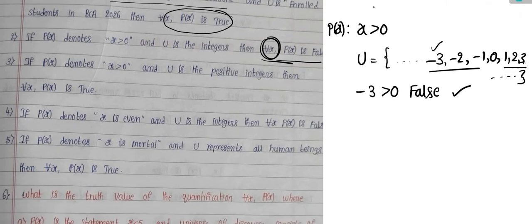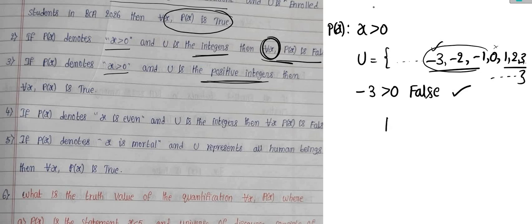Third example, observe the same thing, x greater than 0. But here we are taking positive integers. So these will go. And also 0 does not come under positive integers or negative integers. So 1, 2, 3 is there.